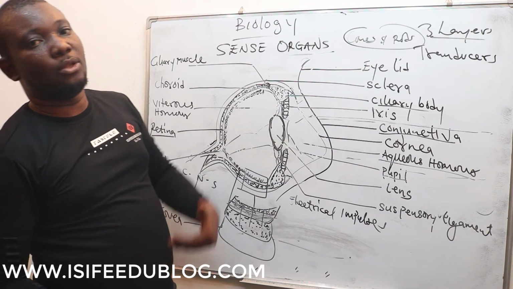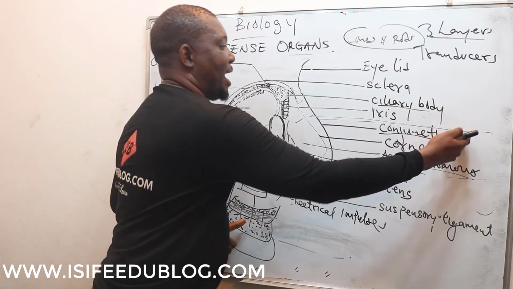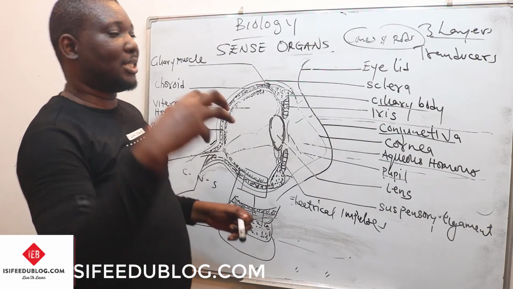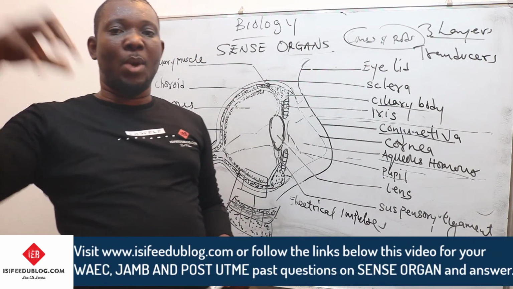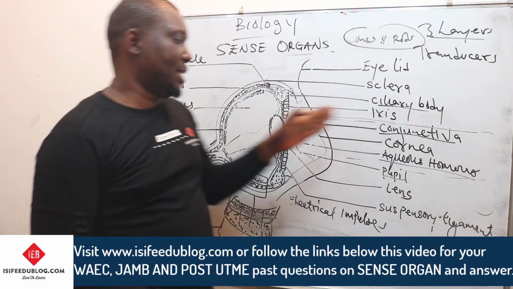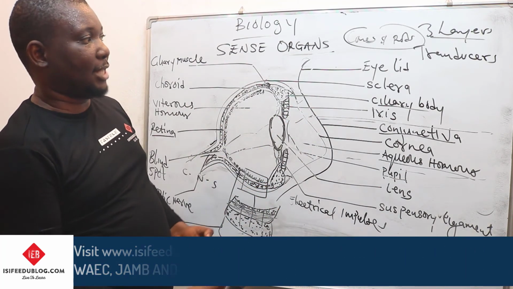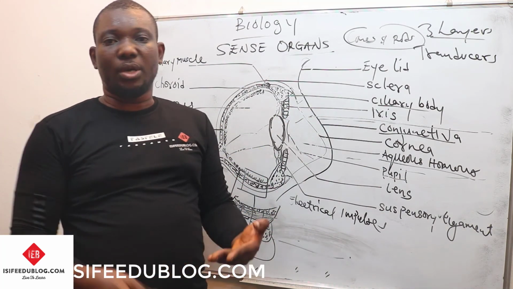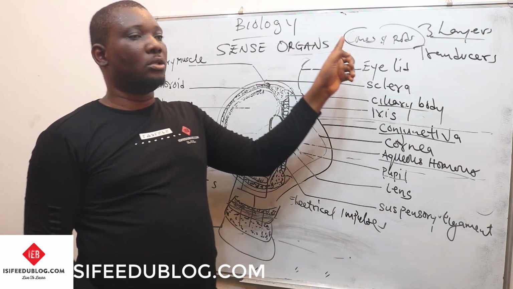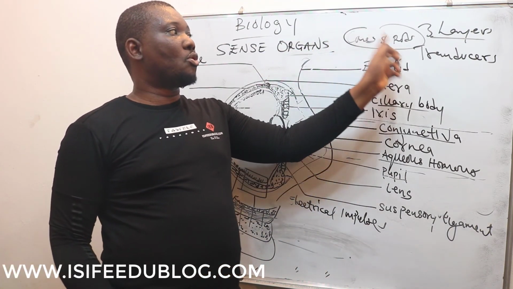Remember that one can only see an object when light enters the eye as an electromagnetic wave. But the light going in that form needs to be transduced. The transducers that convert this wave into impulses are called rods and cones.